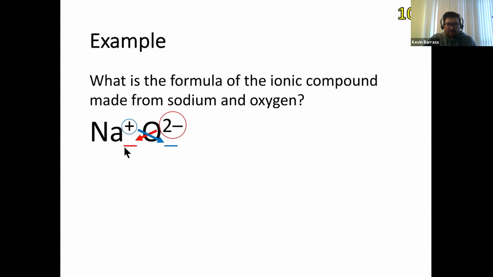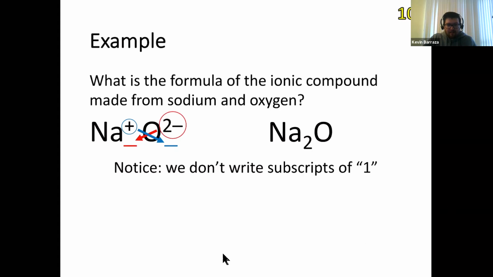Top goes to bottom here, top goes to bottom here. Those become the subscripts telling us how many of each element we have. There are 2 sodiums for every 1 oxygen. So notice that I did move the 1 down, but for formula purposes, we don't usually write the 1, okay?